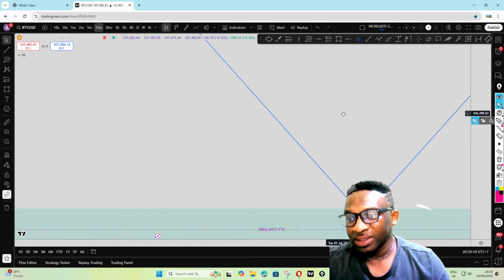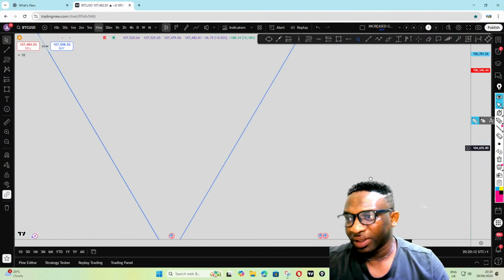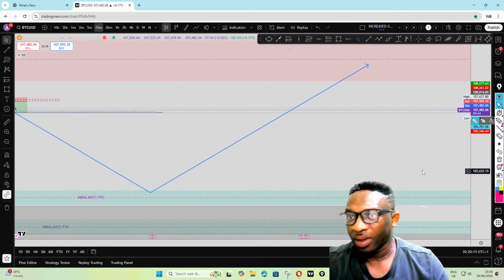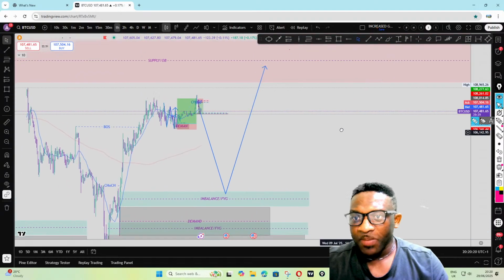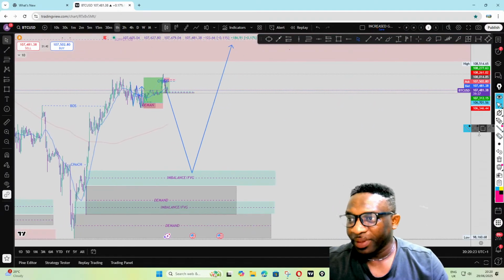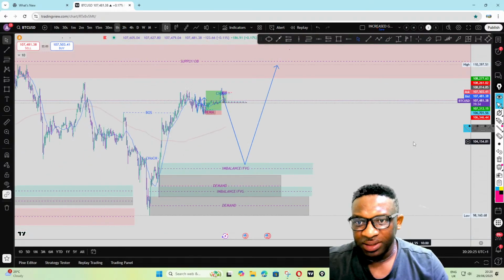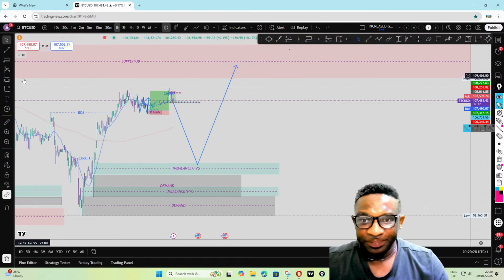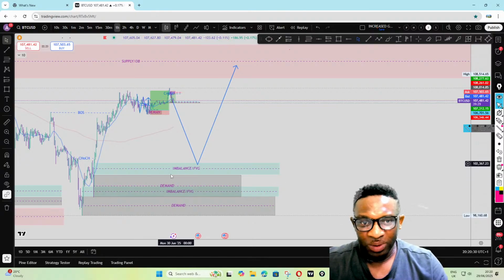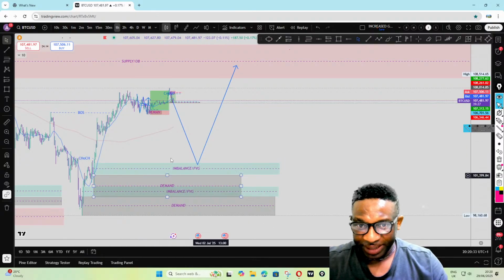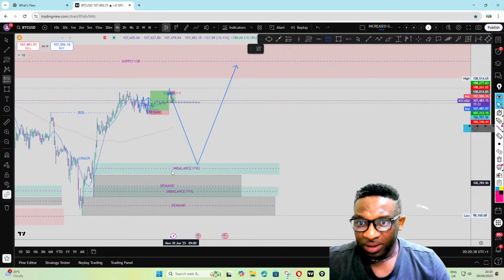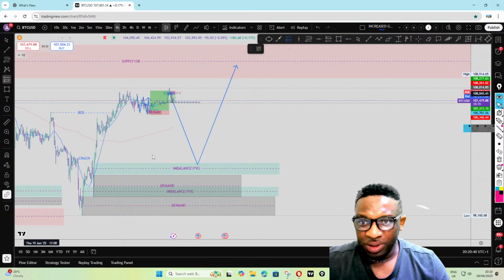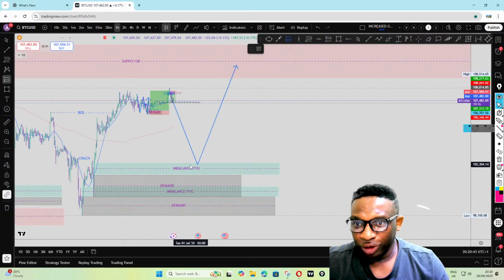So for instance, just as I marked on here, is it on this chart? Let me go on the 1 hour. Yeah, so even on here, if we should have a price coming all the way here, and then we get a confirmation entry from here, we're looking for a long position. As I explained, on your day trading account, that's what we look for, income.